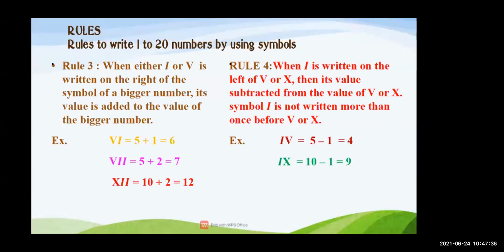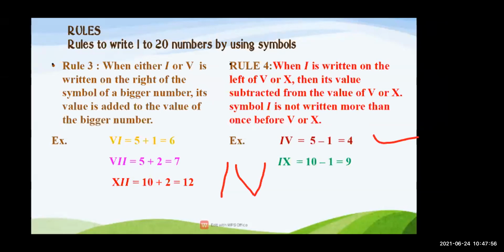So here you can see the example. First example, it is written IV. Now on which side is I written, left or right? I is written on which side? Very good. It is written on the left side.